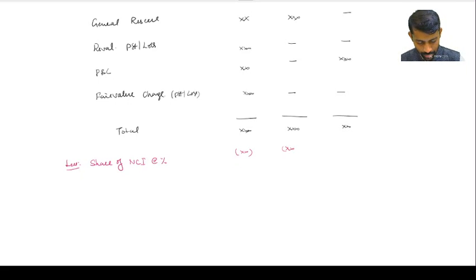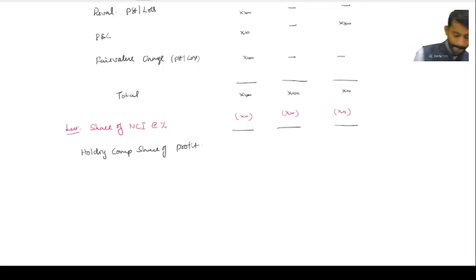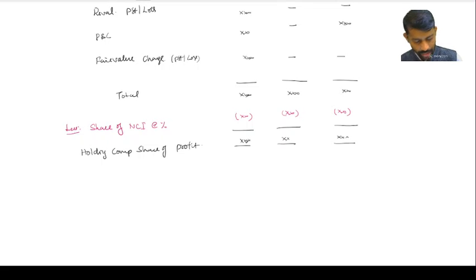If I remove this 20%, the balance you will get is the holding company share of profit.